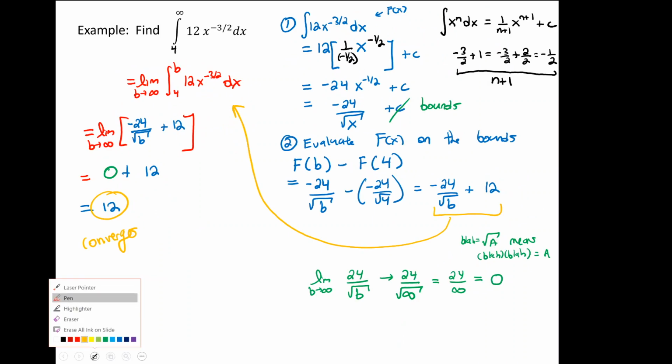Okay, now I'm going to do the same thing. I'm going to put a 4 here for the lower bound. I don't want that to be a problem, because right now it is. Is that good enough? It's not good enough. I put an 8 from 8 to infinity.